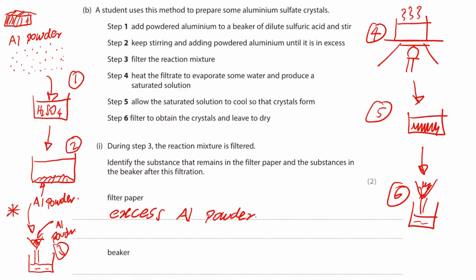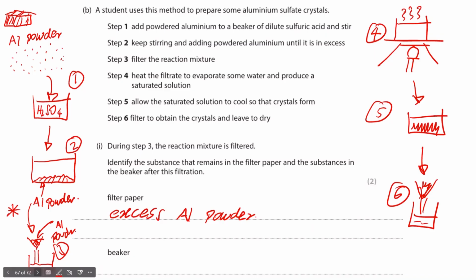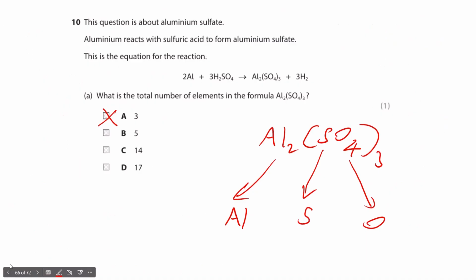What will be in the beaker? In the beaker we know that this is the reaction. When we had excess aluminium, the aluminium completely reacts with sulfuric acid, and you get aluminium sulfate. Now we have aluminium sulfate solution there. But it's not only aluminium sulfate, because the reaction gives you two products, aluminium sulfate solution and hydrogen gas.